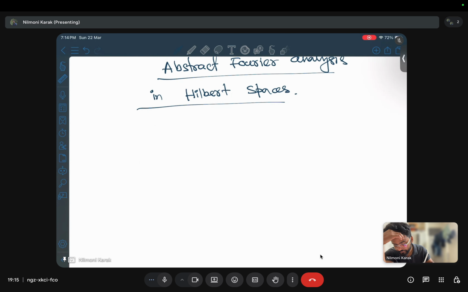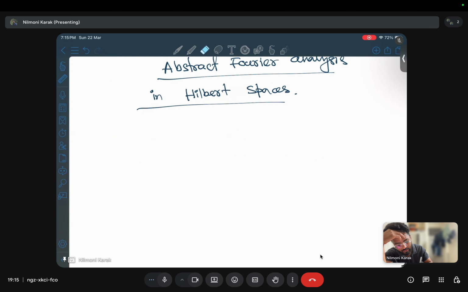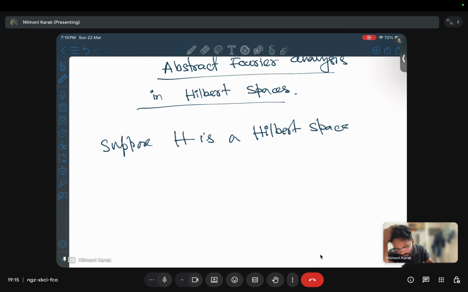Suppose H is a Hilbert space and consider the orthonormal basis like this. Index set is lambda.